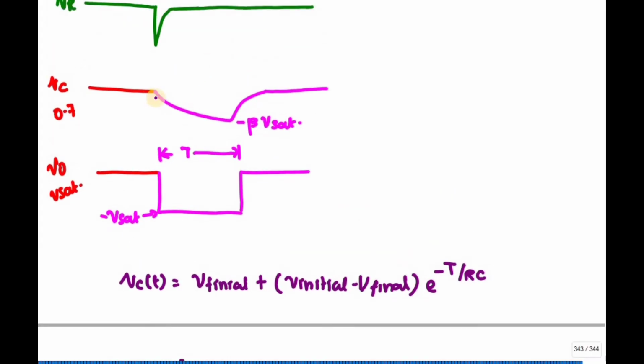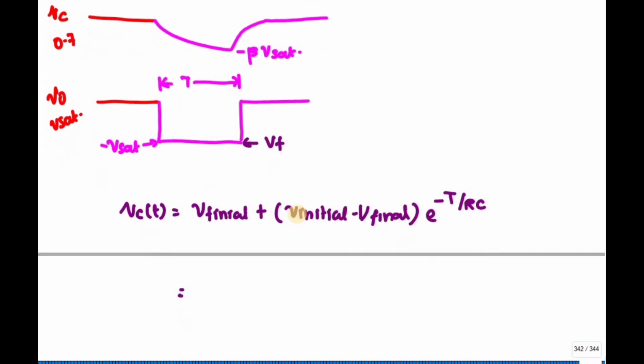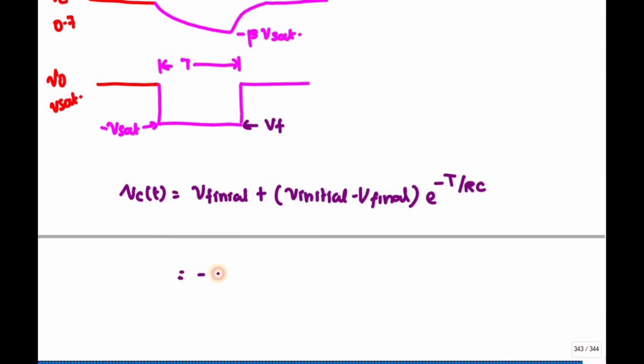So which is the final value? It has to reach minus V saturation, right? So this is my initial value and this is my final value. So the final value it is about to reach is minus V saturation. So this is my final value, V final, minus V sat.